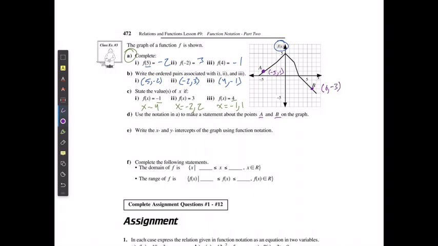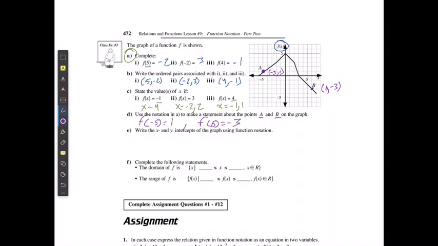If I want to write it out in the same format as A, I'm going to say the function when x is equal to -5 is going to equal 1. Or the function when x is equal to 6 is going to equal -3.